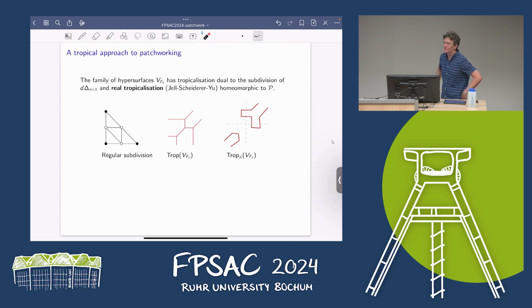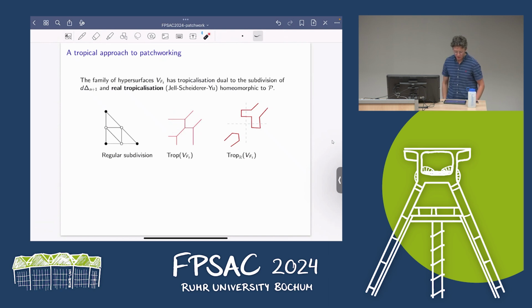But what we get is some polyhedral complex that's dual to the subdivision that we started with. So here we had our subdivision, and here's a picture of what the tropicalization of this hypersurface might look like. Okay, so it's dual in the sense that there's an order-reversing isomorphism of the posets of the face lattices, but it's a hypersurface, so we're not taking these regions here. It's something of one dimension less.